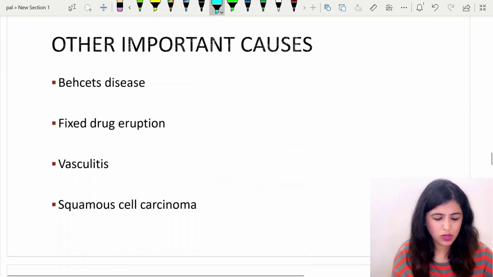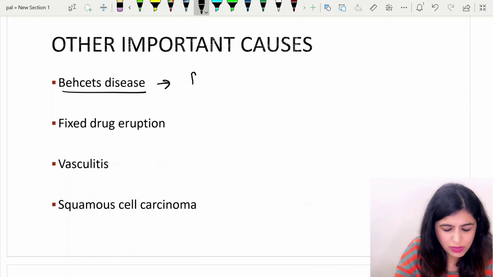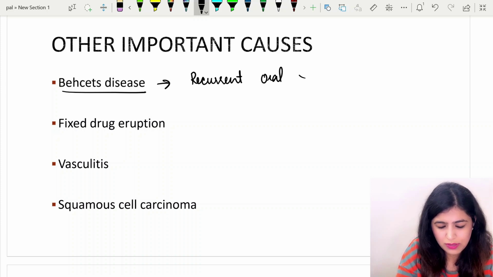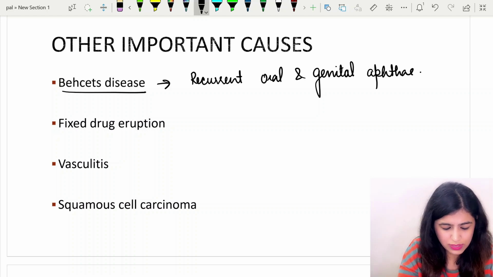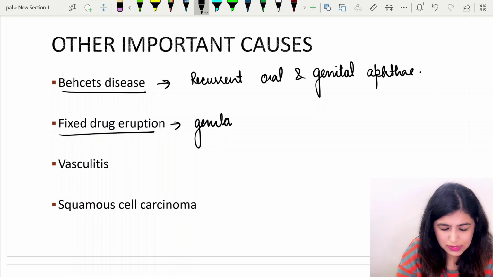Then some non-infectious causes of genital ulcers include the Behçet's disease, where you have classically recurrent oral and genital aphthae. Then you have fixed drug eruption, which can cause lesions in the genitalia, classically seen with the tetracycline group and the fluoroquinolone groups.